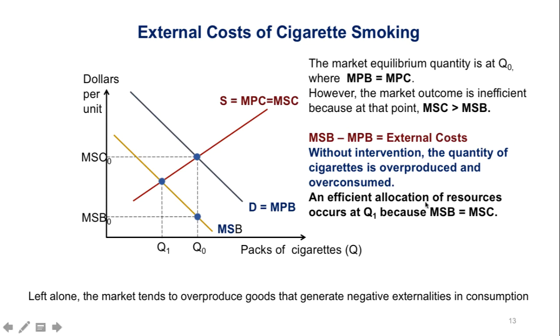So an efficient allocation of resources here is at Q1, where the marginal social benefit is equal to marginal social cost, but individually I set my quantity at this point.